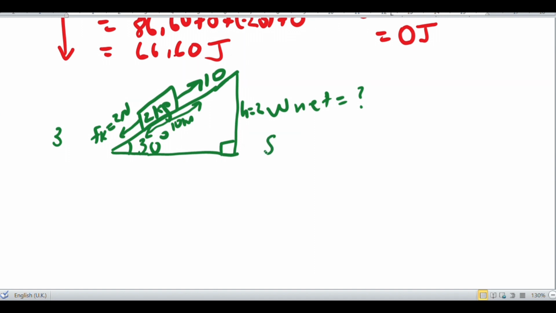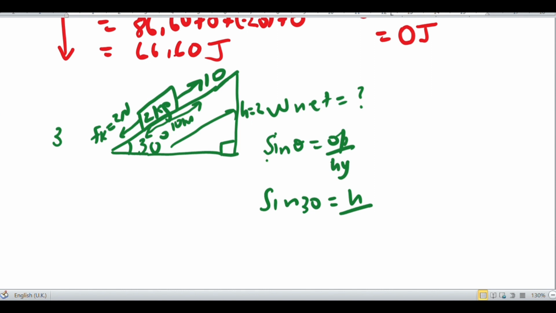So we are going to use the sine ratio, sine theta equals opposite over hypotenuse. The angle of this triangle is 30, and the opposite side is the height, divided by the hypotenuse, which is 10.